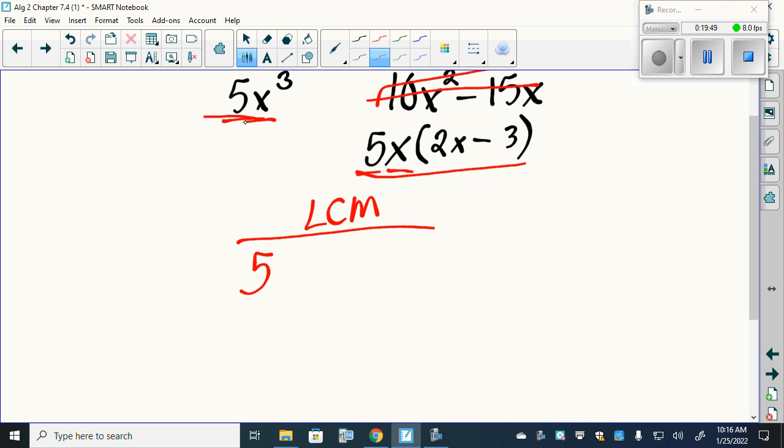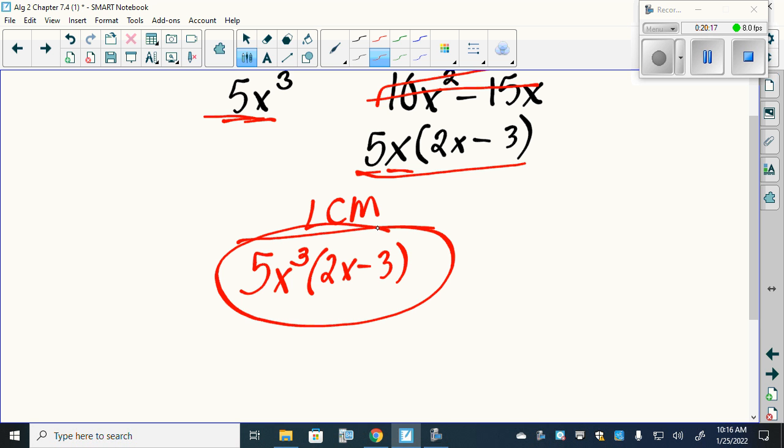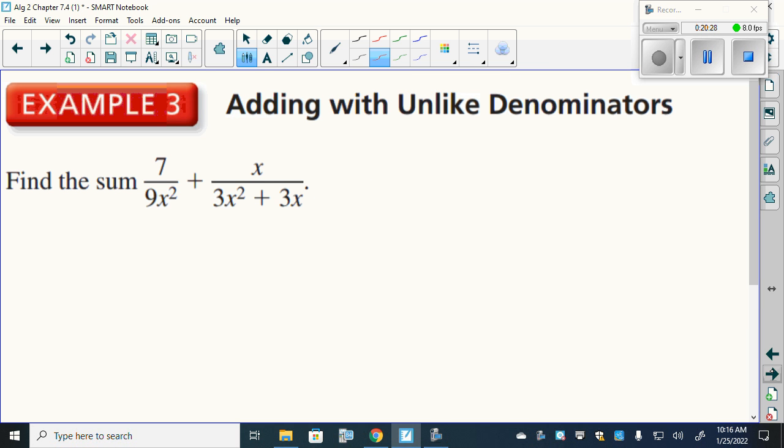So the least common multiple would be x to the third. Because if one of them has 3, we need the other to have 3 for them to be the same. Anything else? There's one last thing. 2x minus 3. And that there would be the least common multiple. Any questions on this here? All right.